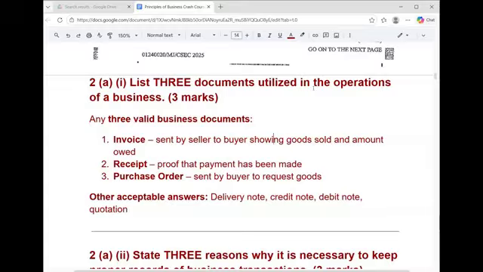Receipt, which shows proof that payment has been made. For instance, recently there was a situation where a woman went to a store. Apparently, she was leaving the store with items in a bag, but there was no receipt, so there was no proof of payment.